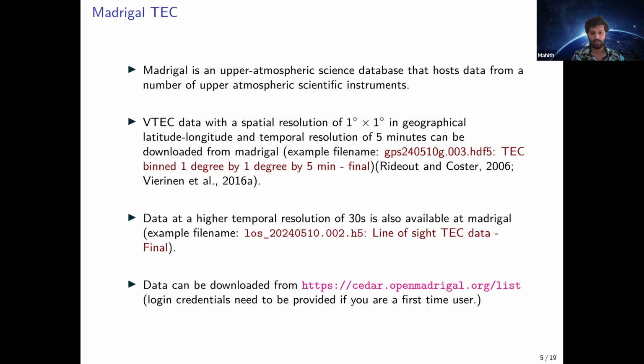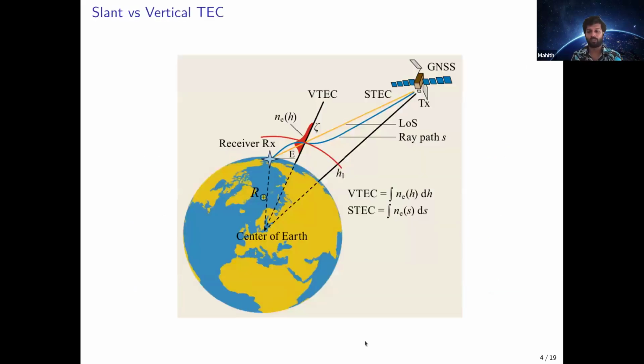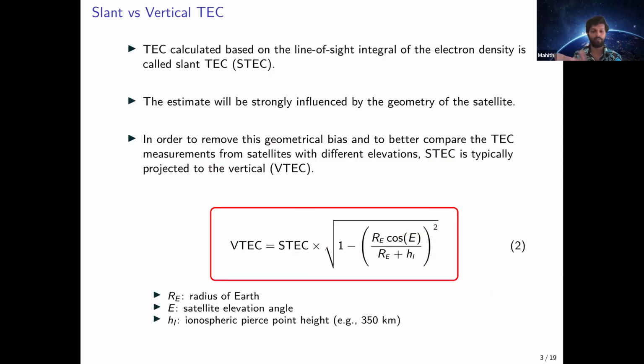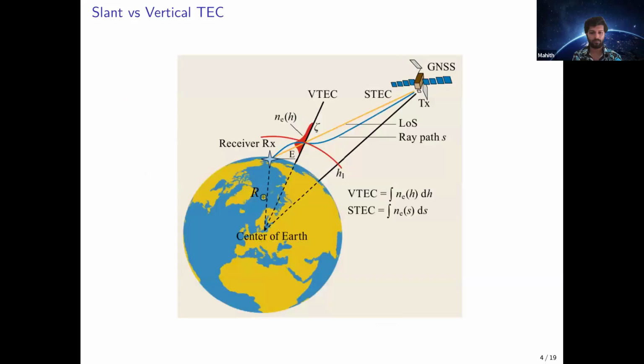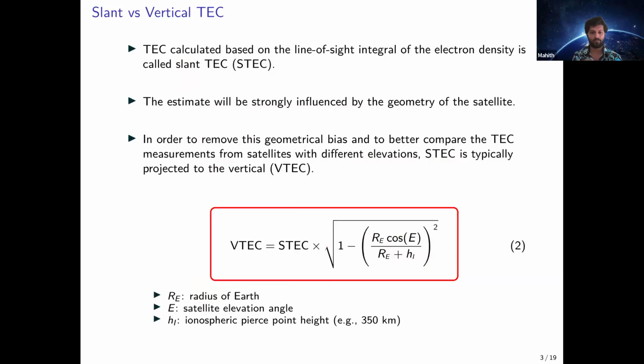That's it. But does anyone have any questions before we go into the database and start pulling up data from Madrigal? Do you have any questions related to the conversion between vertical TEC to this slant TEC, or why we do that, and the disadvantages of using data that's already on Madrigal?